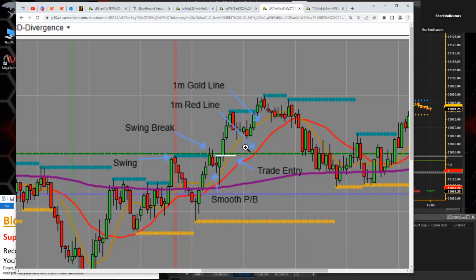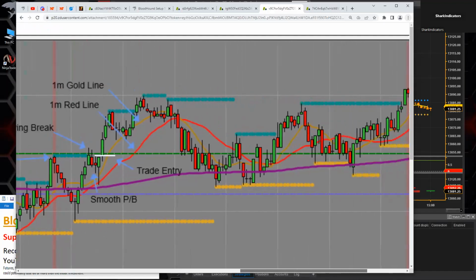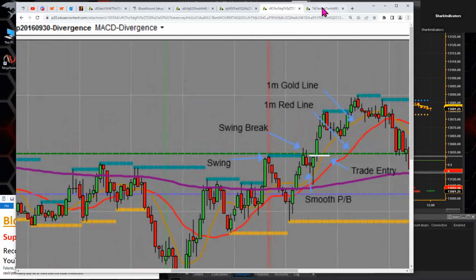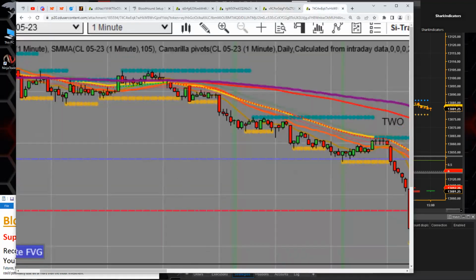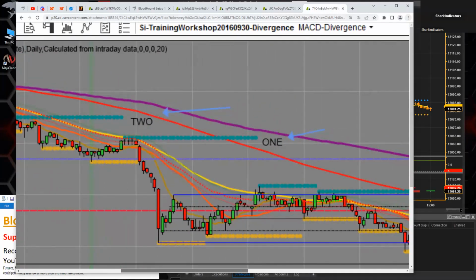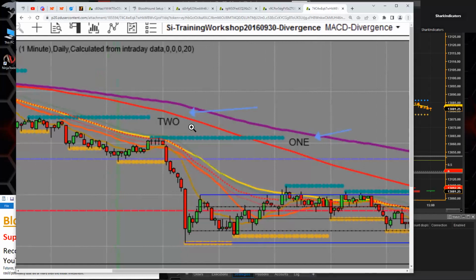So, again, a lot of discretion going on here, but we're going to strip all that out when we implement this into BloodHound. Let's see what else we have. Yeah, here we go. So you see this red line?